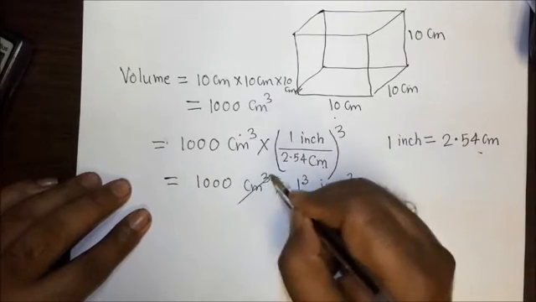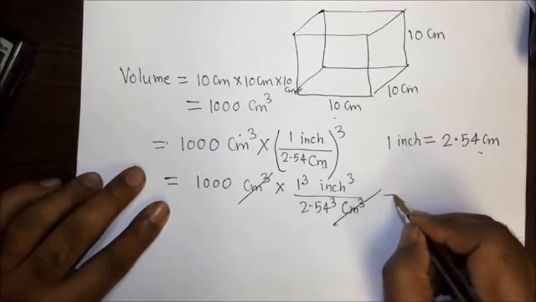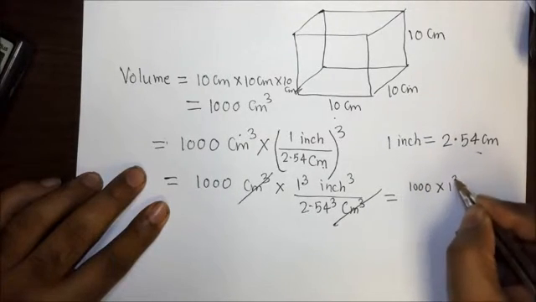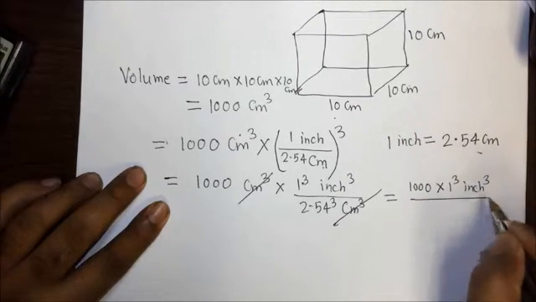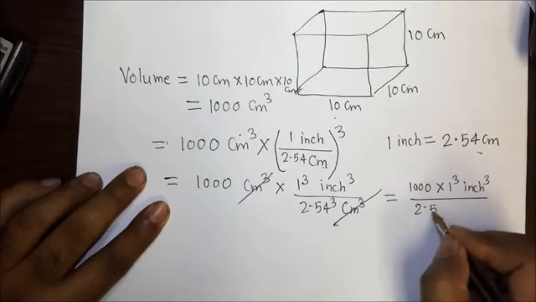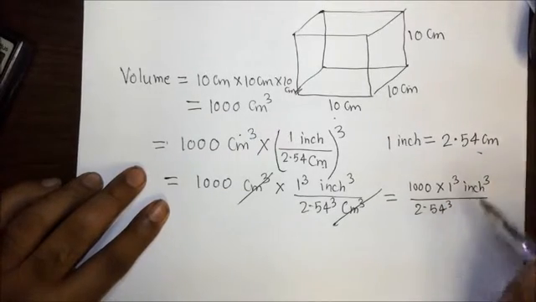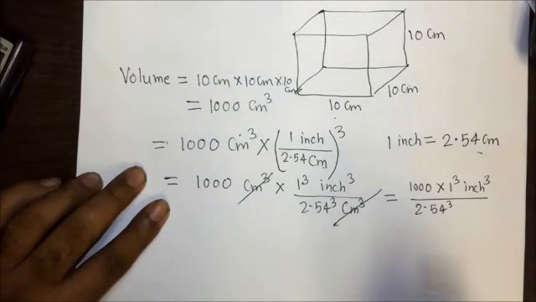This is gone. You can cancel this. And now what is left is 1000 times 1 cube inch cube over 2.54 cube. Alright, now you just have to find these numbers by calculator, how much it comes.